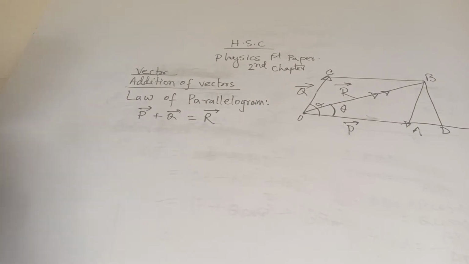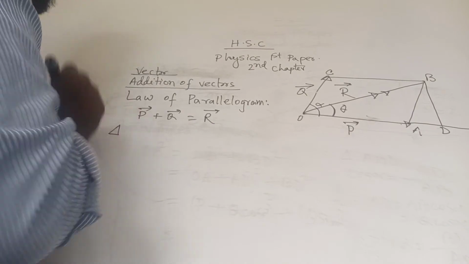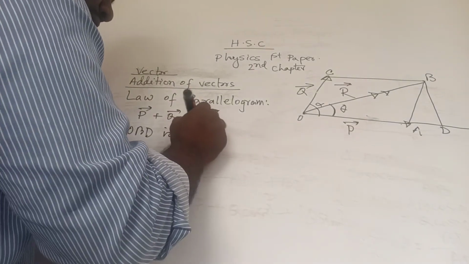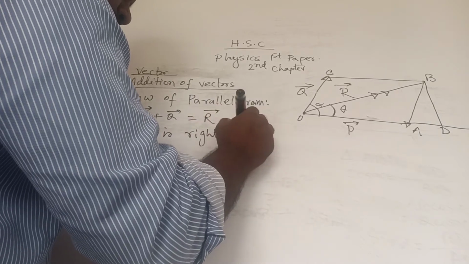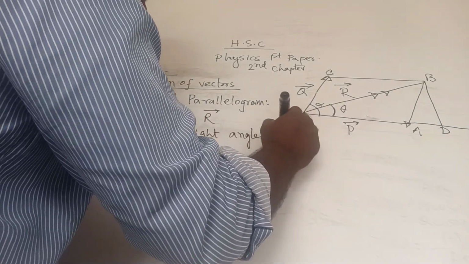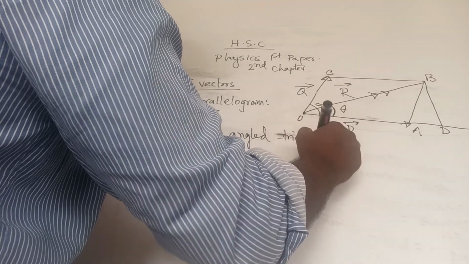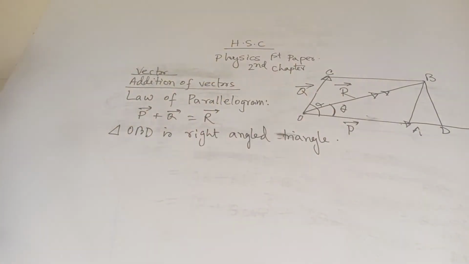So triangle OBD is a right angled triangle, right?